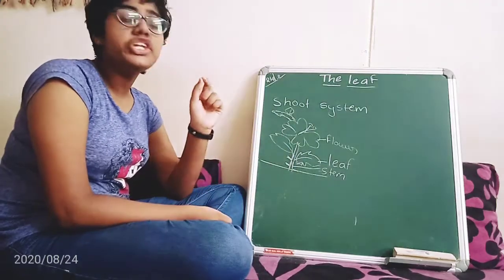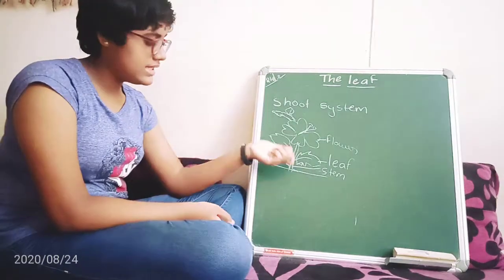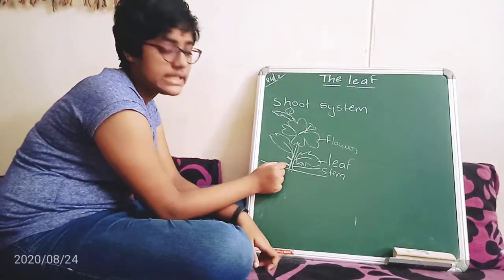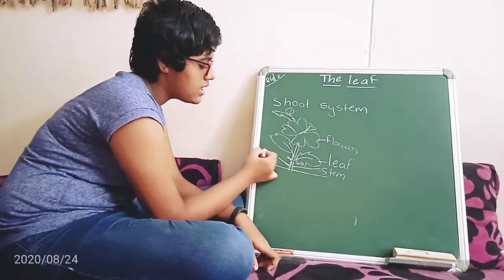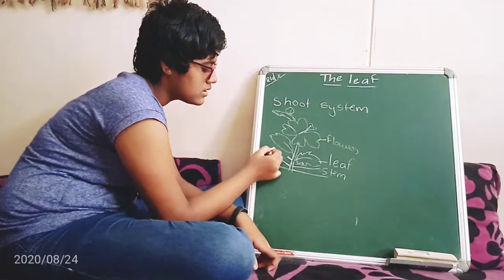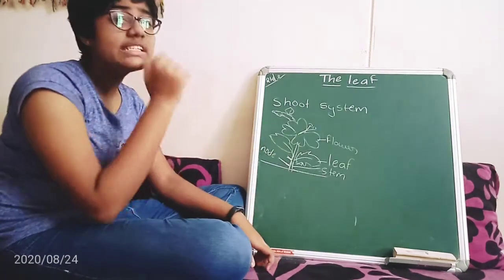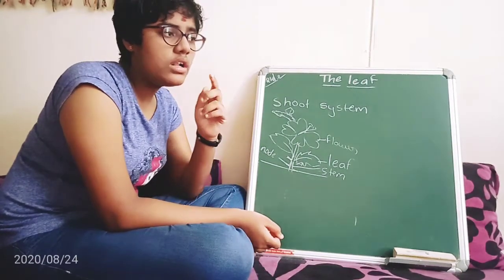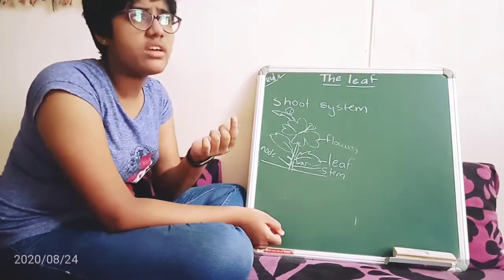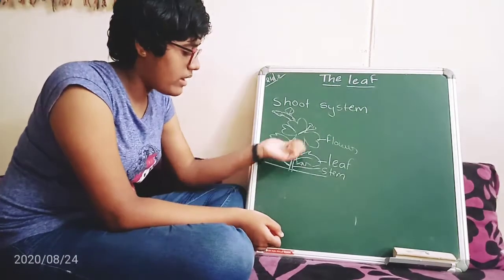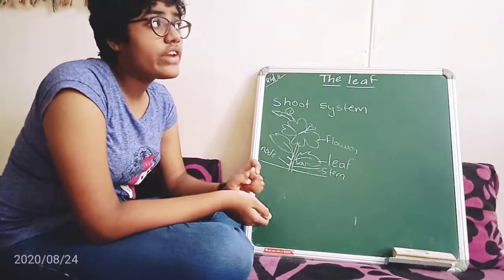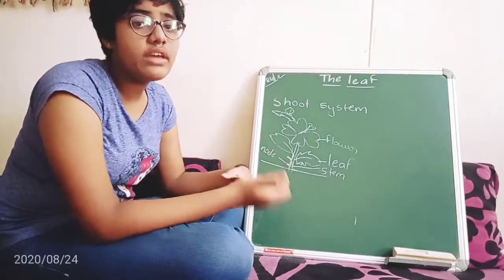Now the new parts we are going to learn are these. See these two small thing-like structures you are seeing, these are known as nodes. What is a node? A node is nothing but a small branch-like structure which arises from the stem, from which a flower or a leaf is going to arise.